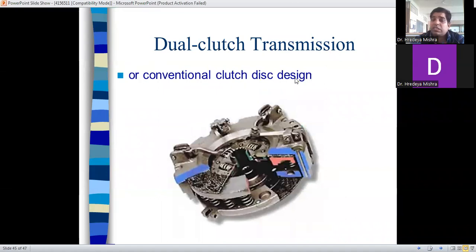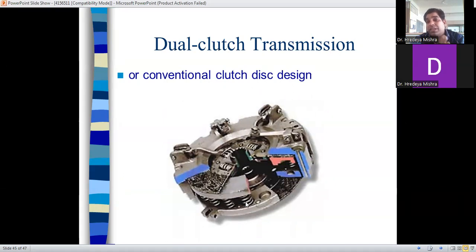Okay, our conventional clutch disc. Here, this is the conventional type. So one plate and the other plate, two plates are there. The similar size plate is there, but one is the clutch plate, we call it the clutch plate, and the other is the pressure plate. Okay.